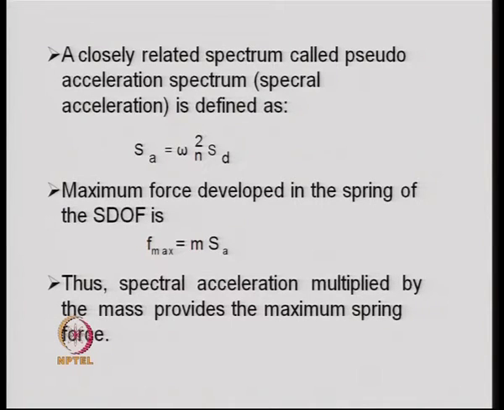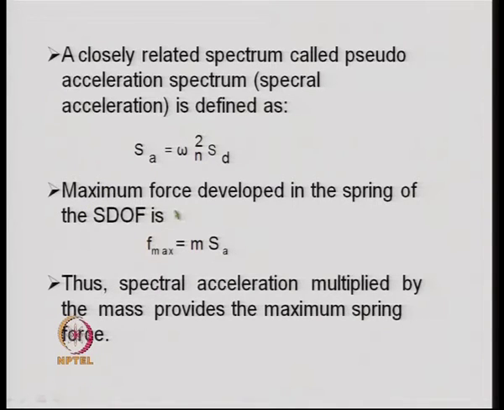In fact, for the plots that are available, they are not plotted against omega n, but are plotted against the time period, that is 2 pi by omega n, giving the value of T n. So, the plots are available against the period T n.